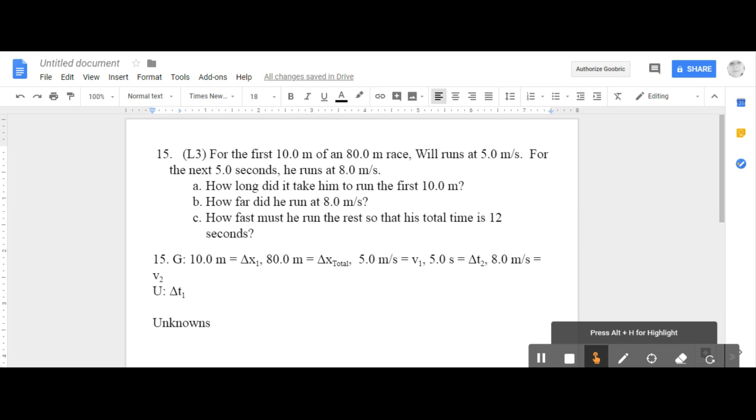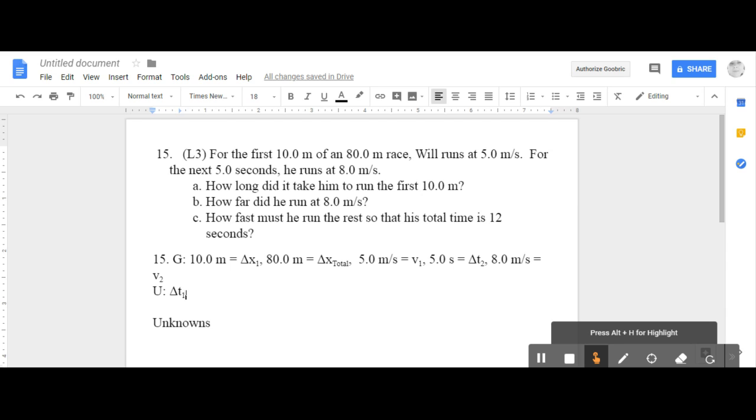Because it has this setup, I did want to show you that you don't necessarily have to rewrite all the givens every time you do these problems. This information is given for the whole problem.